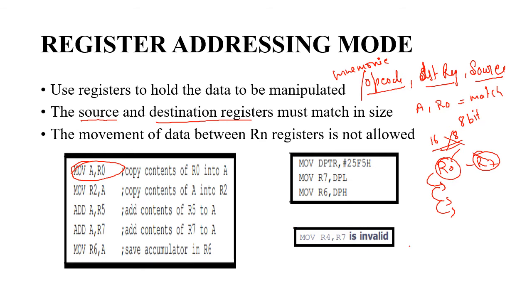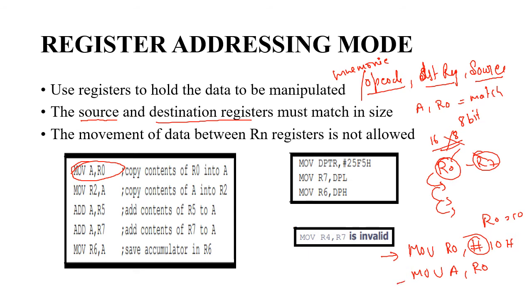For example, if I have the instruction move R0 comma hash 10h and then move A comma R0, after execution of the first instruction, which is immediate addressing mode, the value of R0 is 10.